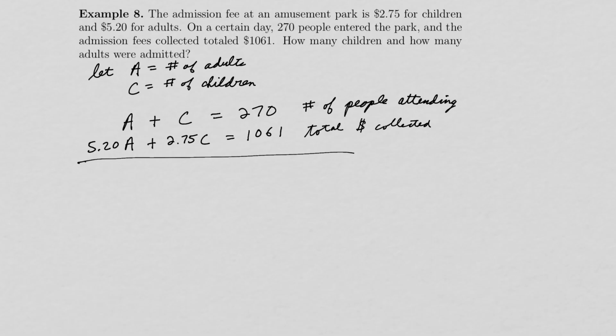Remember, for substitution, we have to solve for one of the variables in one of the equations. You can use substitution or elimination, it doesn't matter. I'm just going to choose to use substitution. And since that first equation is not too difficult, I'm going to solve for A.